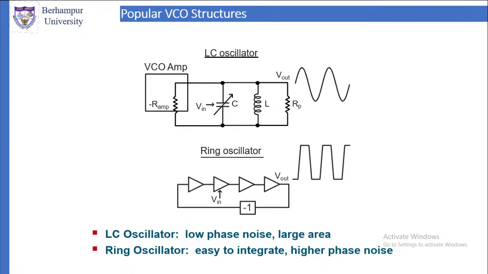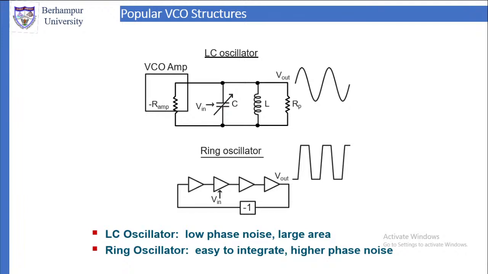Similarly, there is a ring oscillator in which we have a ring circuit, so amplifiers are connected in series or cascaded. Output is given back with a phase difference of 180 degrees, but without any amplification. So amplification is 1, phase difference is 180 degrees for the feedback.